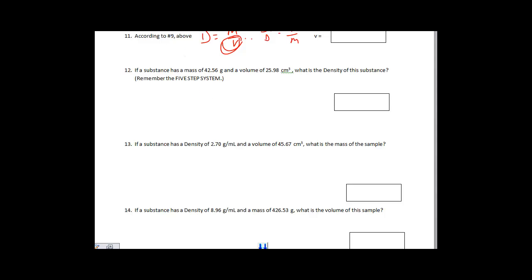Otherwise, the way I approach it is I would multiply both sides times v, and then I would divide by d. In either case, I'm going to end up with the fact that volume equals mass over density. Okay? No problem. Now, what I'm trying to do is set you up so you don't make these mistakes.